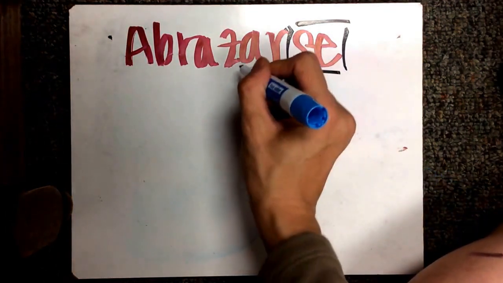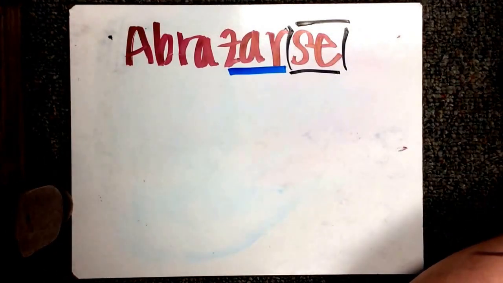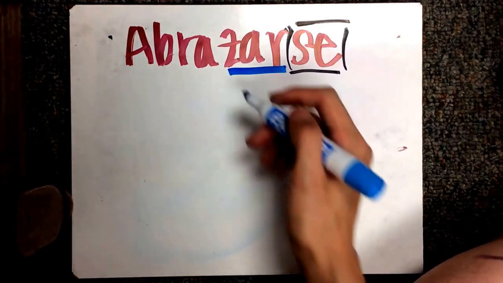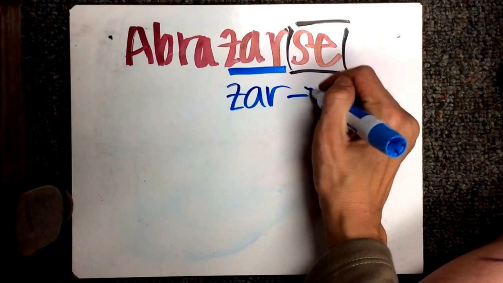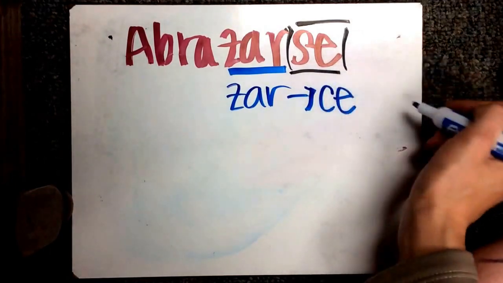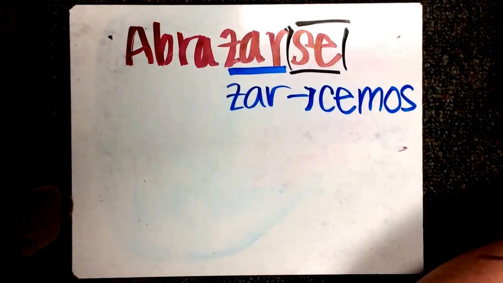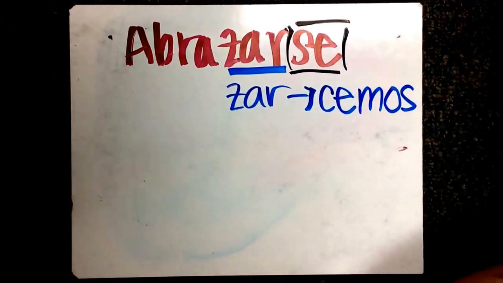The other key thing I see is that the verb itself ends in Z-A-R, and if you call back to a couple minutes ago, any verb that ends in Z-A-R goes to C-E-M-O-S.